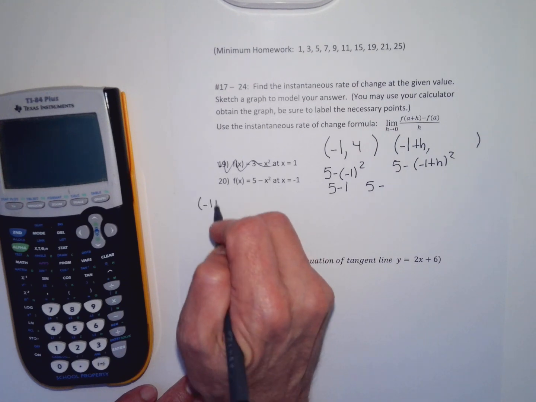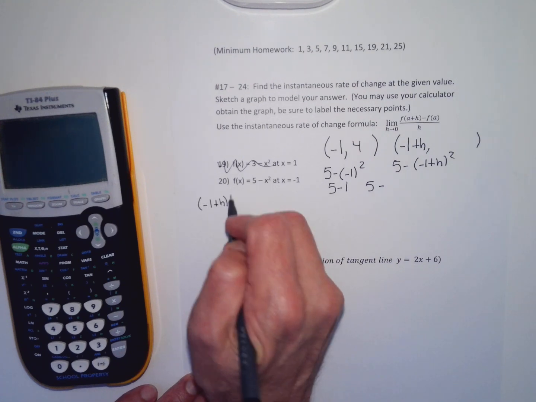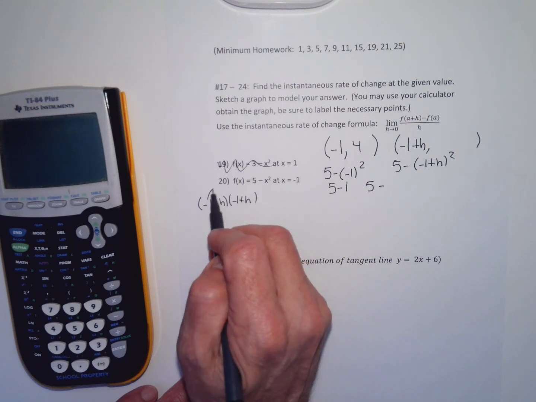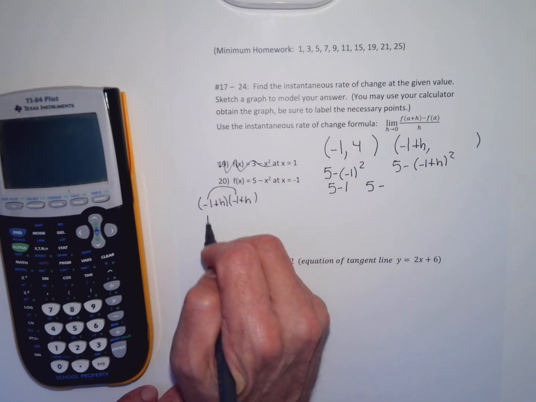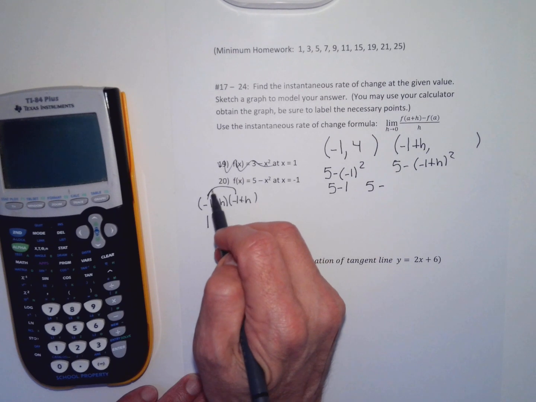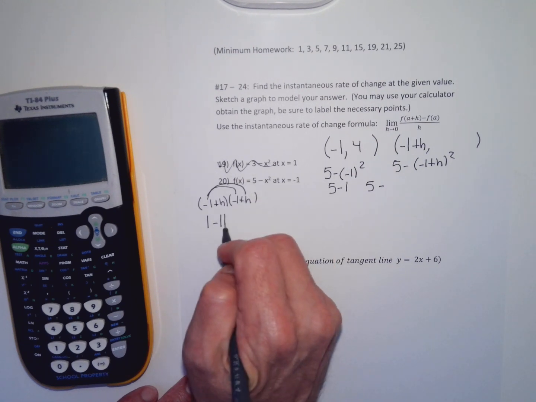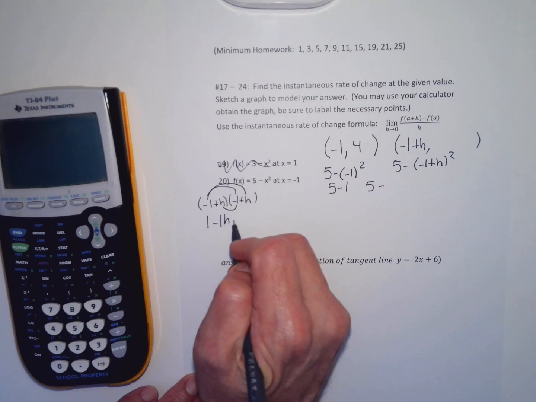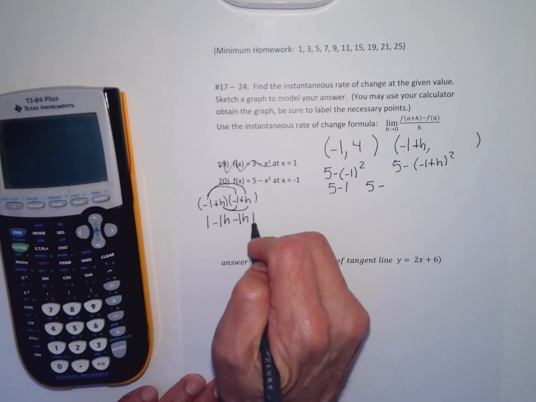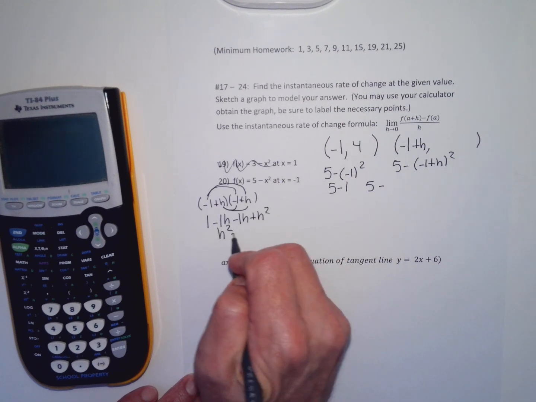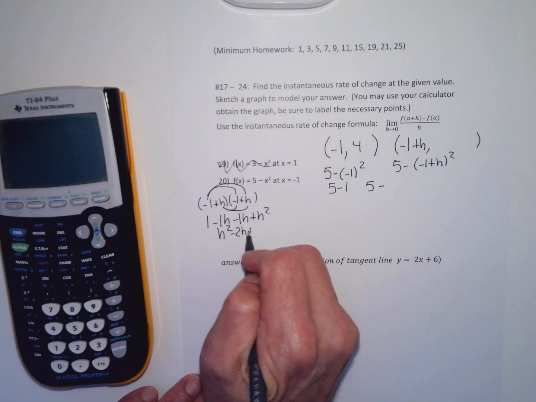Negative 1 plus h squared is negative 1 plus h times negative 1 plus h. I'm going to go firsts are negative 1 times negative 1, which is positive 1. Outers are negative 1 times h, which is negative 1h. Inners are h times negative 1, which is negative 1h. Lasts are h times h, which is h squared. This comes out to be h squared minus 2h plus 1.